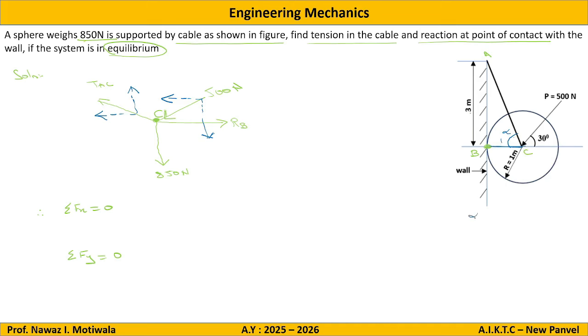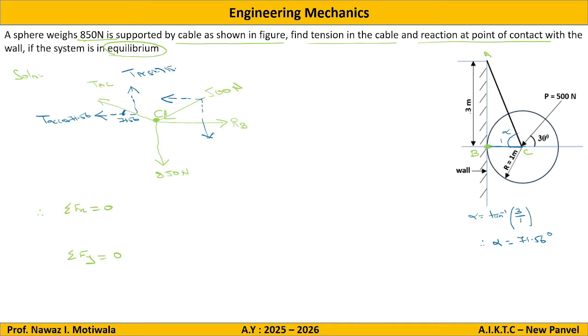So alpha is equal to tan inverse of opposite upon adjacent. Opposite is 3, adjacent is 1. So I will get alpha is equal to 71.56 degrees. So if this angle is 71.56, this will be TAC cos 71.56 and this will be TAC sin 71.56.